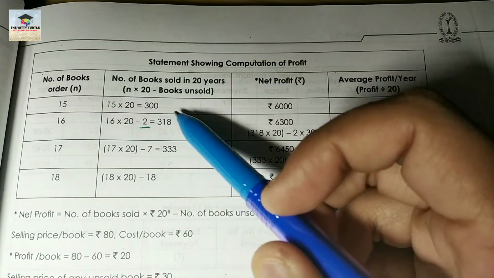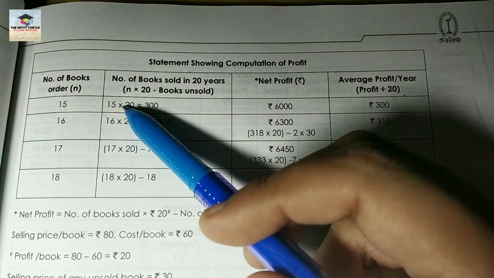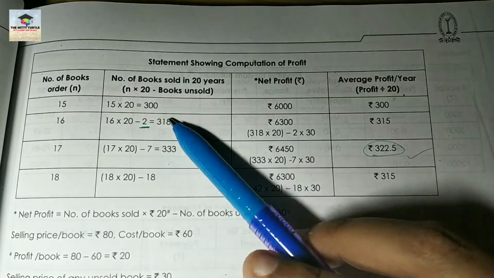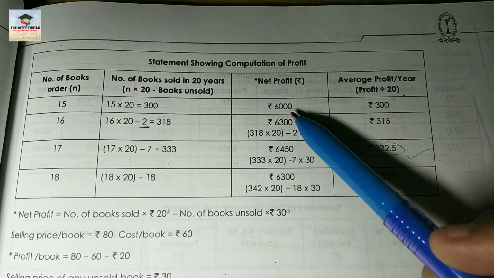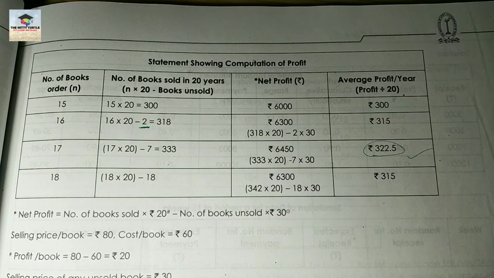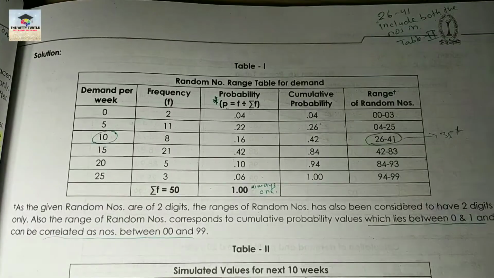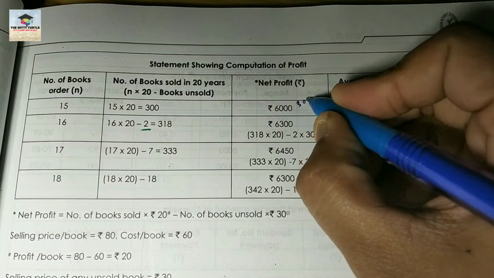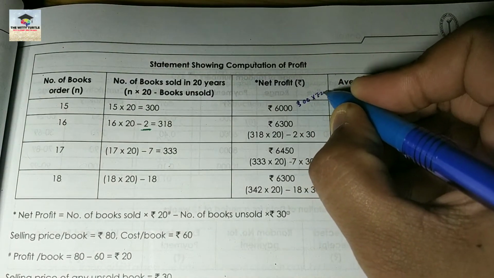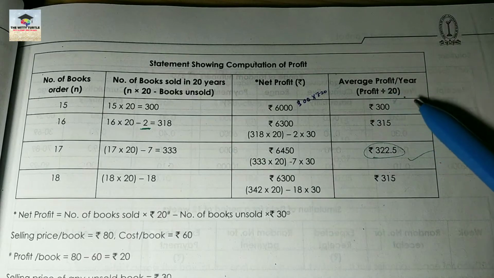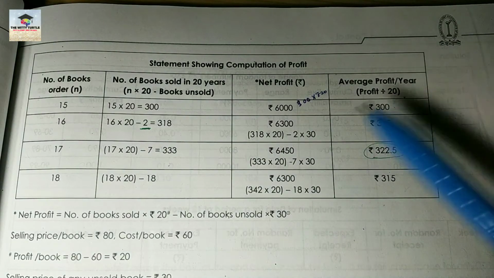So the calculation is directly 15 in a year, so in 20 years it will be 15 into 20, 300 books. And your net profit will be 300 into 20 rupees, that will be 6,000 rupees. And your average profit per year will be 300 rupees.